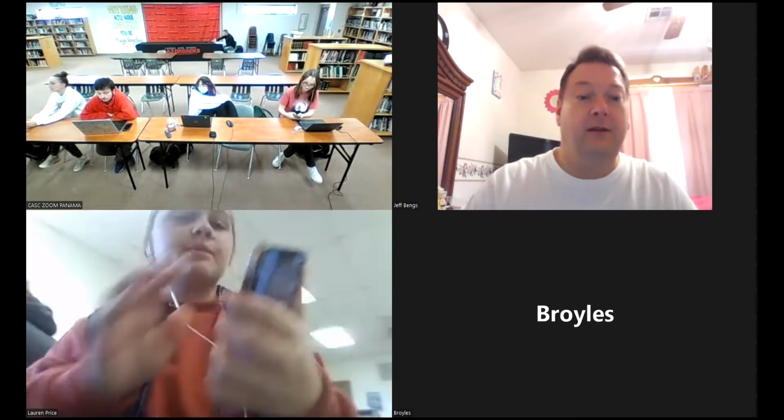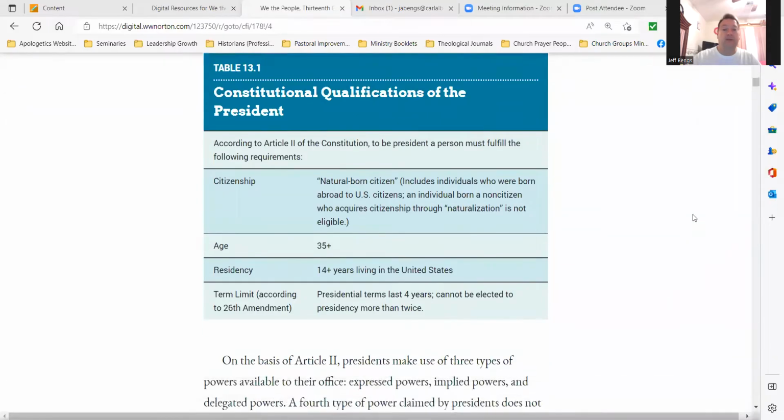And then, whereas there are no term limits for senators or representatives, there is a 2-term limit for presidents. This came about with the 26th Amendment, because up until that point, there was no stipulation in the Constitution that a president could only serve twice.